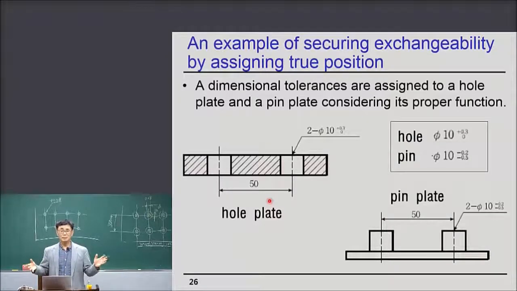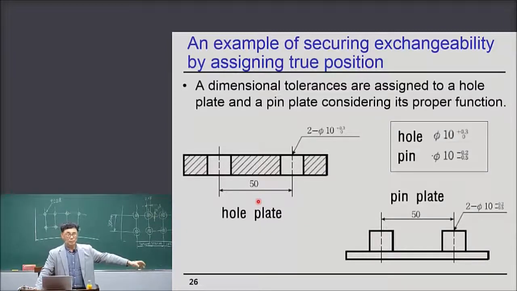In the case of MMC, material maximum condition, you can assume that the MMC hole plate and the MMC pin plate are selected. In MMC cases, if you can assemble the MMC hole plate and MMC pin plate, then maybe it can always be assembled. So what is the size of the MMC hole plate?